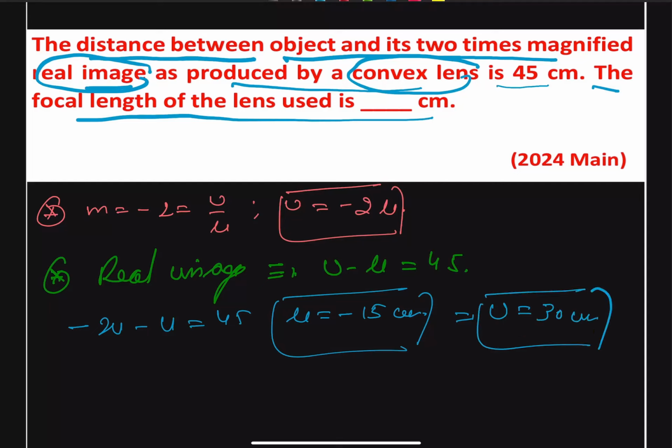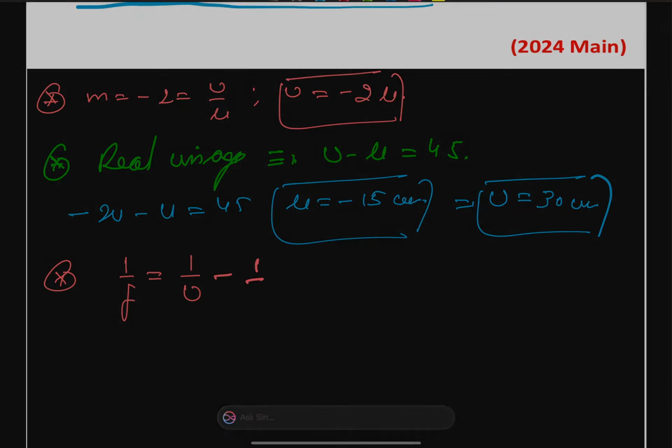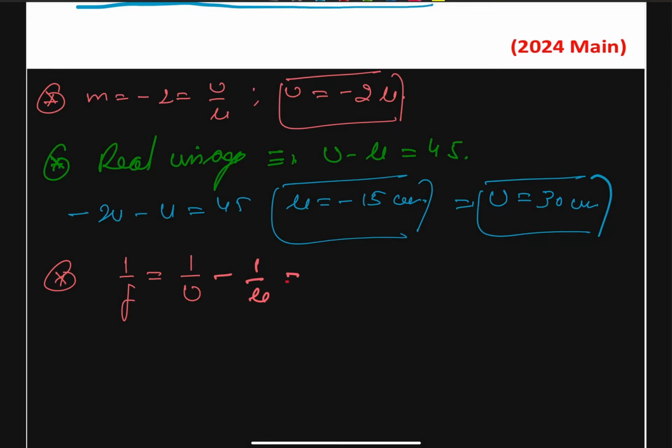Now we can use the lens formula, that is 1 upon F is equal to 1 upon V minus 1 upon U. So this gives us 1 upon 30, minus minus plus will be 1 upon 15.